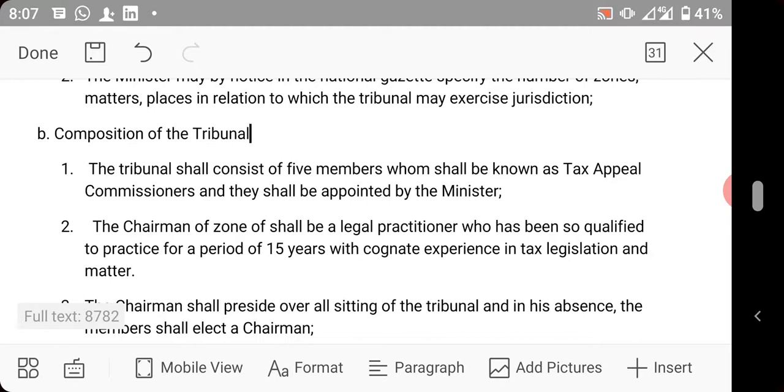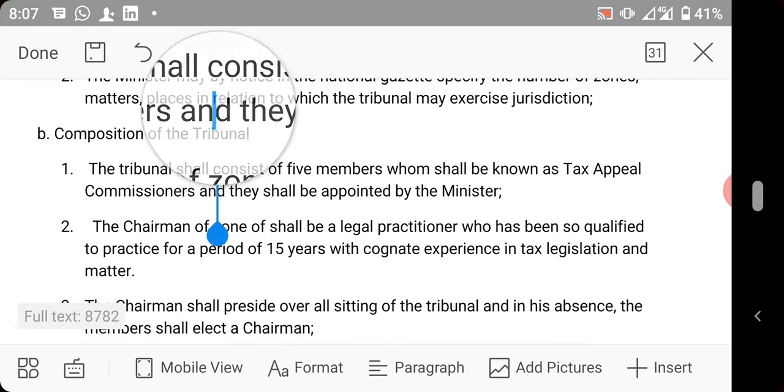The tax appeal tribunal shall consist of 5 members, presided over by a chairman, and this chairman shall be a legal practitioner who has post-qualification experience of 15 years and also has cognate experience in tax legislation and matters.